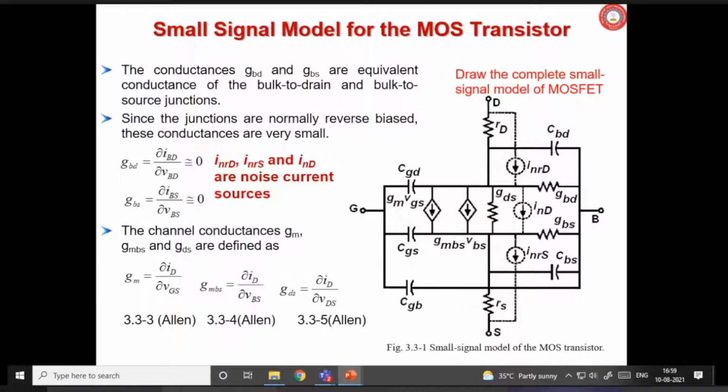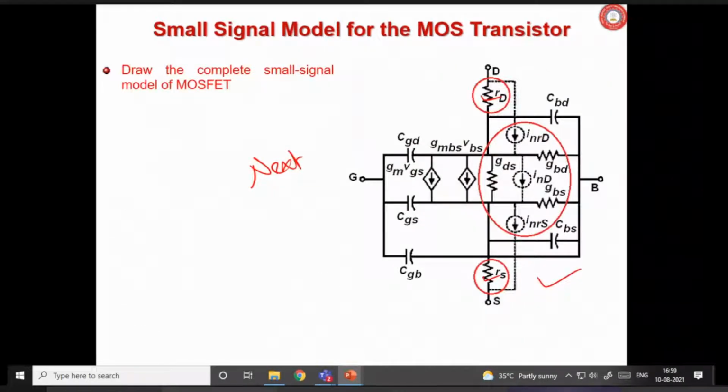Various components of this are explained in the following slides. C_GD, C_GS, C_GB, all we have seen. C_BS and C_BD, all we have discussed. This is the resistance of the N plus regions, and this is the channel resistance. Earlier also we have seen one diagram, I think, in which it was shown.